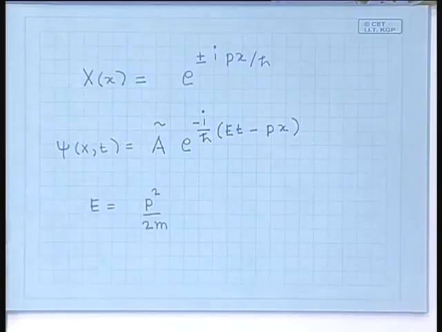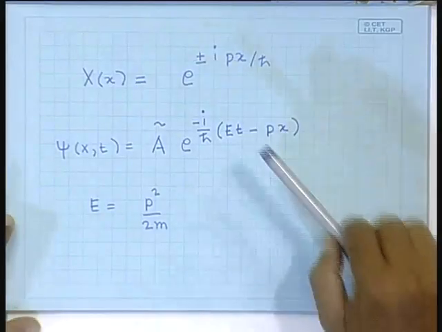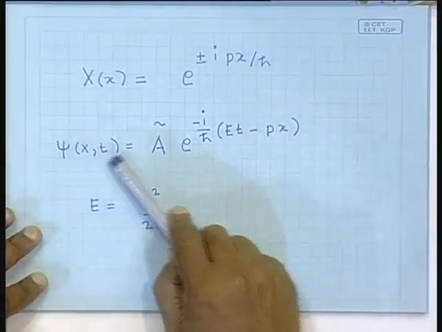Now, if you remember de Broglie hypothesis, then you can straight away say what the significance of this E and P are, but we shall come back to the significance of this E and P later on as we go along in this lecture, or possibly in the next lecture. Another point which I should make here, let us ask the question, what is the angular frequency of this wave?